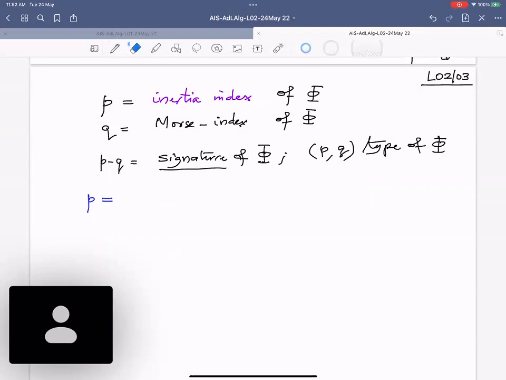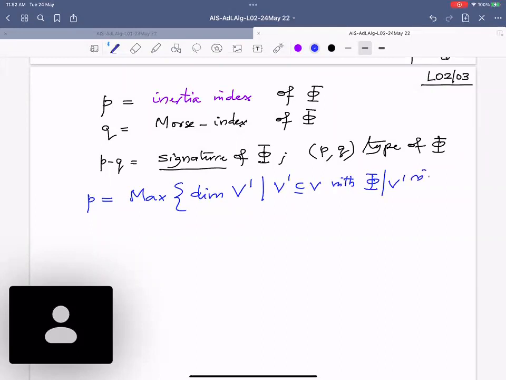P is equal to the max of the dimension of V prime, where V prime is a subspace of V with phi restricted to V prime positive definite.